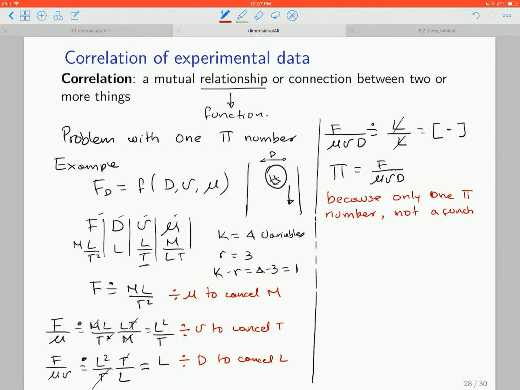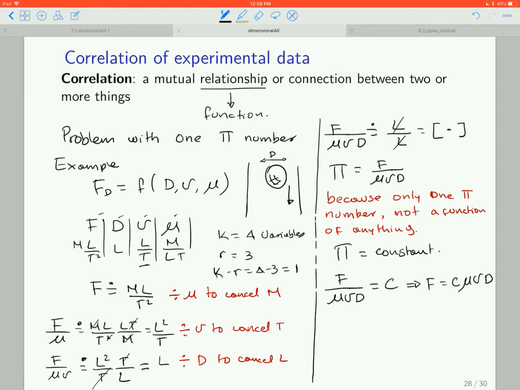If it's not a function of anything, that means that pi is equal to a constant. So in other words, F divided by mu, velocity, diameter is equal to a constant. So we can solve for F. The force is equal to a constant multiplied by mu, velocity, and diameter.